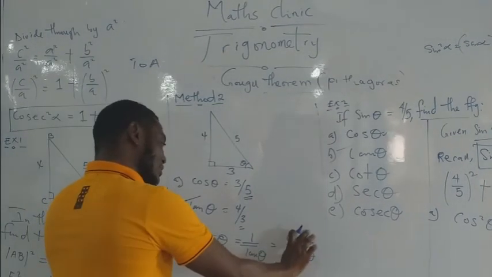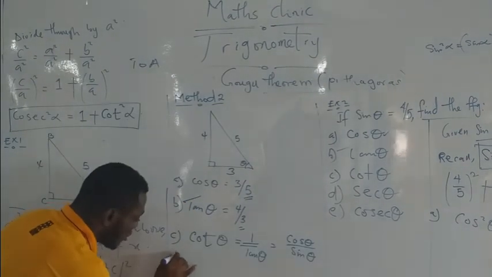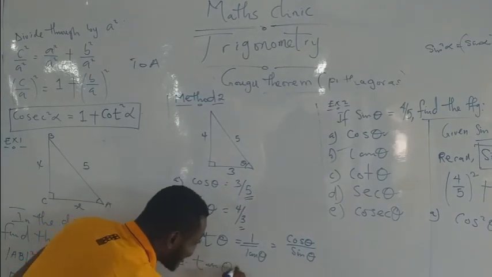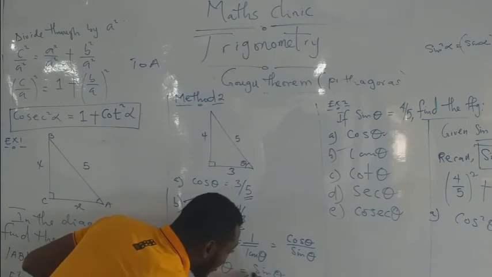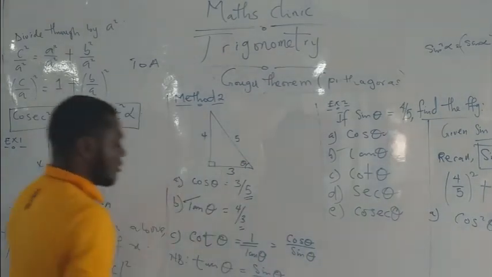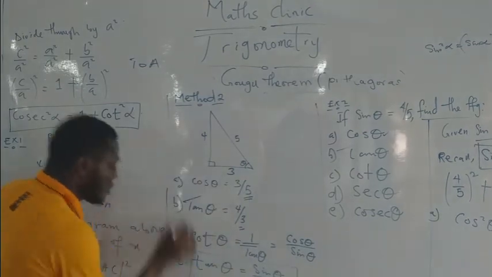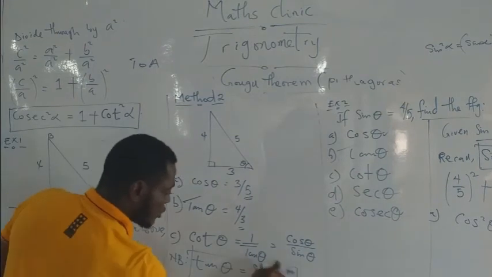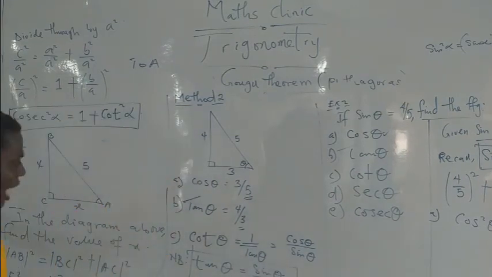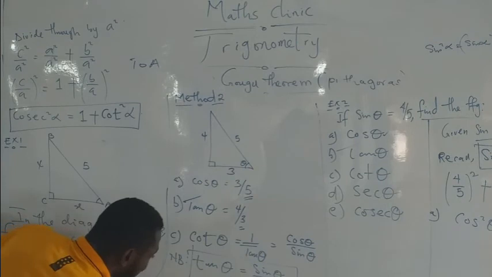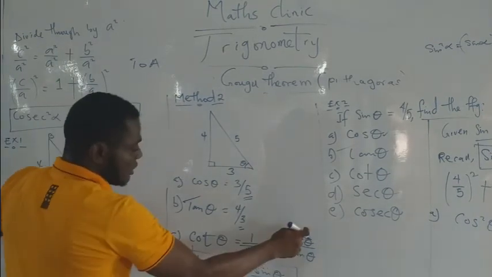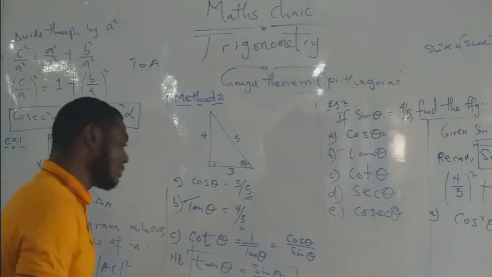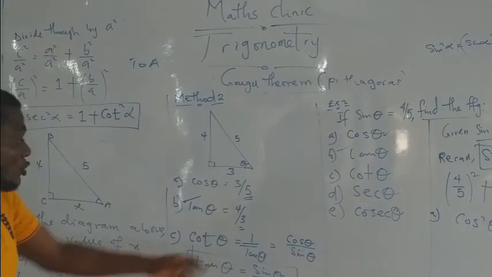Note that tan theta is sine theta over cos theta. But cot theta is cos over sine, the inverse of this. So this will move up, this will move down. So cot theta equals cos theta over sine theta, or we use 1 over tan theta.